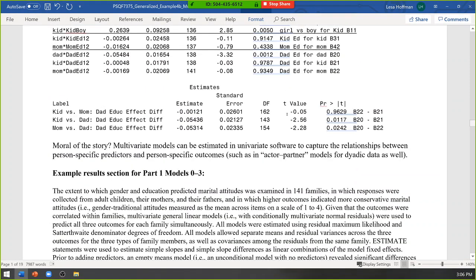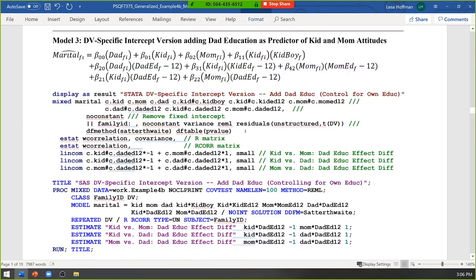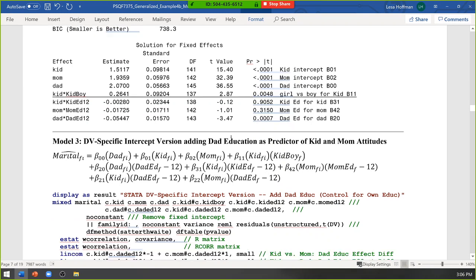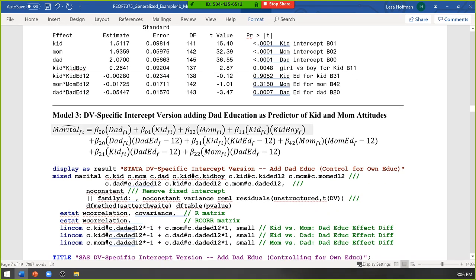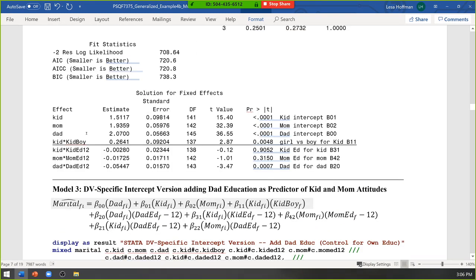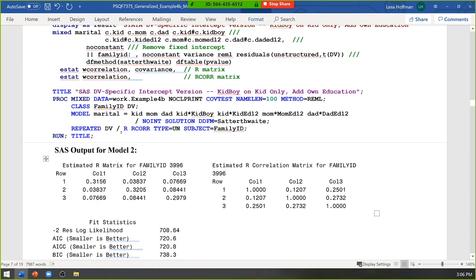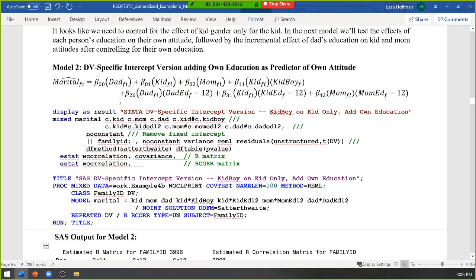So I have added, oh, went too far. That as education of each person predicting their outcome. Okay, does that make sense?